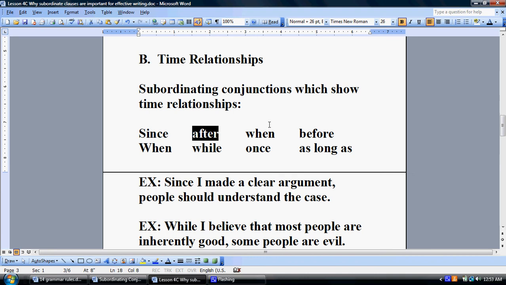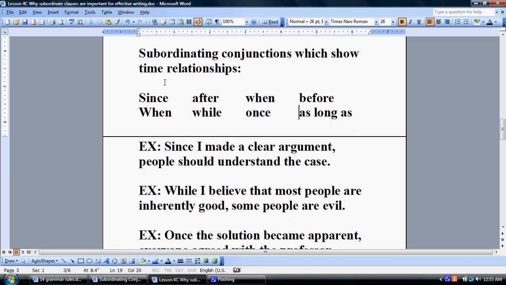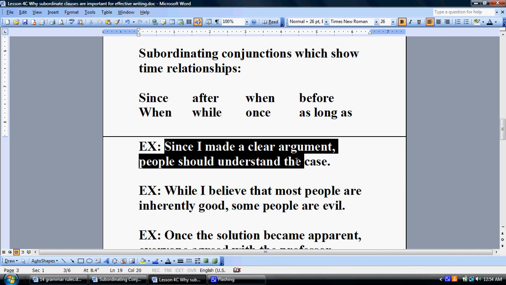After, well, obviously something happened after one thing. When, so that can be, that varies. Before, when, while, which I repeated when a couple times, once, as long as, and notice that means that the duration of one thing is directly related to the duration of something else.